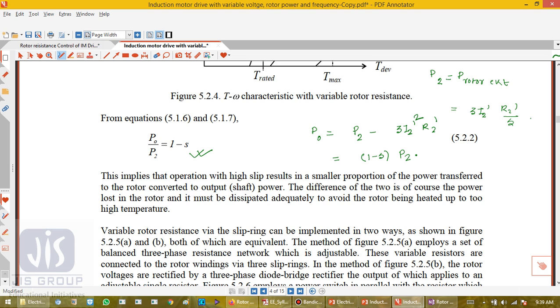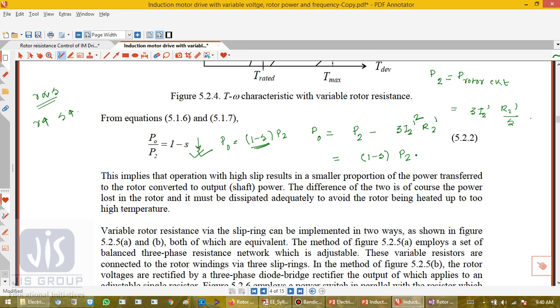So if you see that at constant torque, rotor resistance is proportional to slip. So as the resistance is increasing, slip is also increasing. Now if this slip is increasing, this value is decreasing. So P0 is nothing but (1 minus S) into P2.